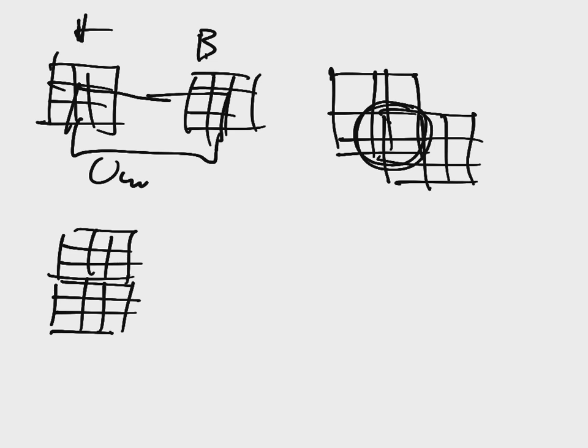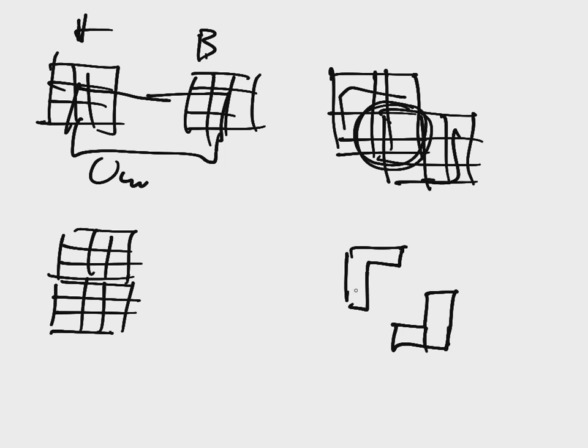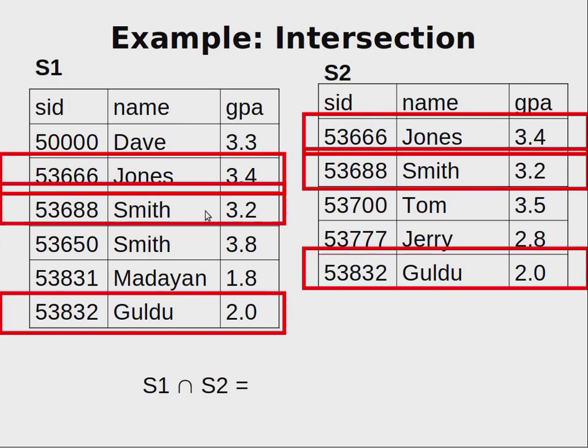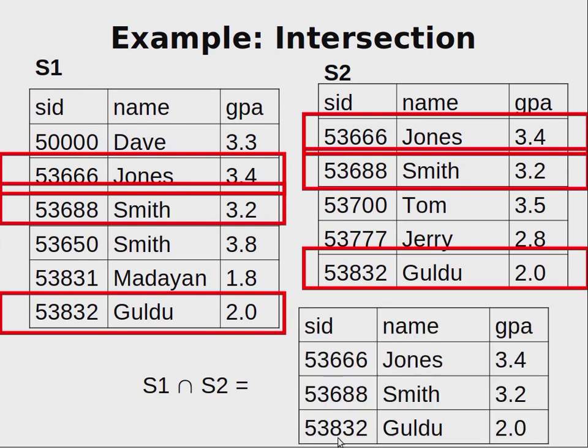If you have non-overlapping data here and non-overlapping data here, you have one data set here and another data set here. And of course you may put everything in a rectangular table as well, maybe with some empty spaces here. And so intersection here is that if you have some tables S1 and S2, you pick out only those records where data are the same in both different tables. In this case, these are these 3 records.